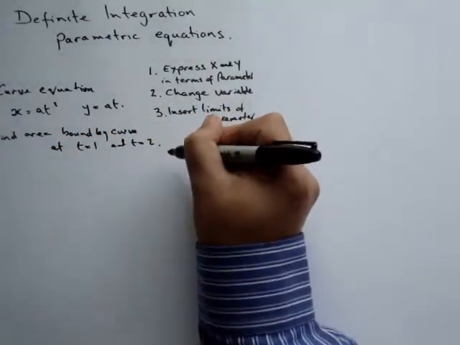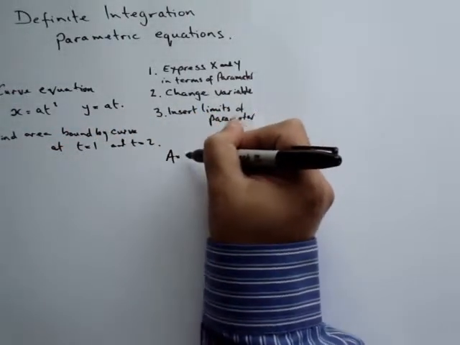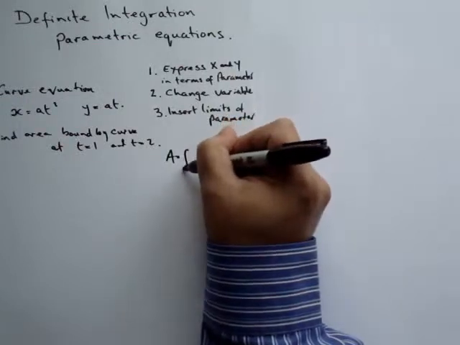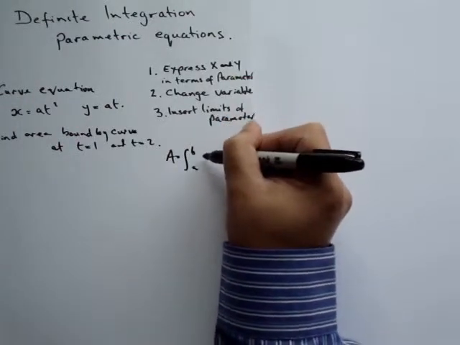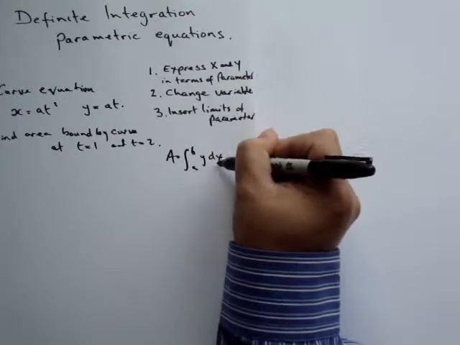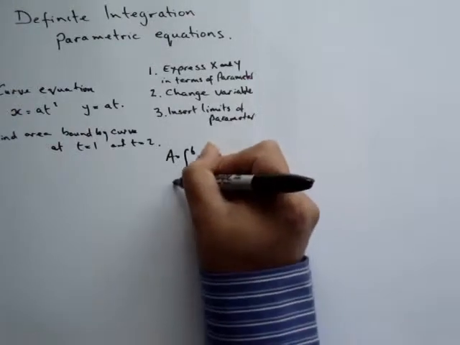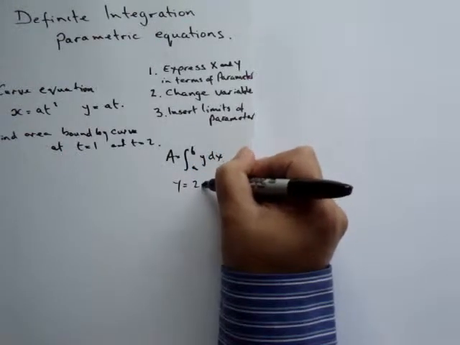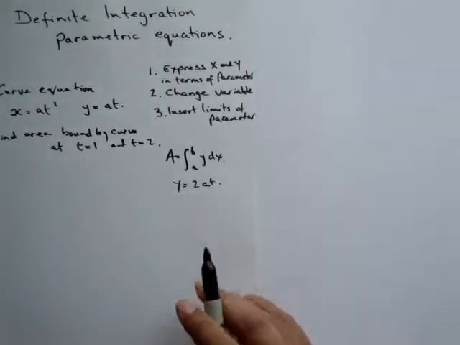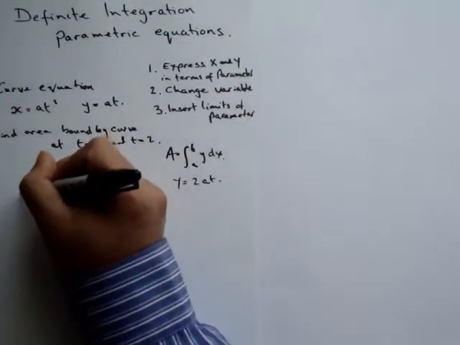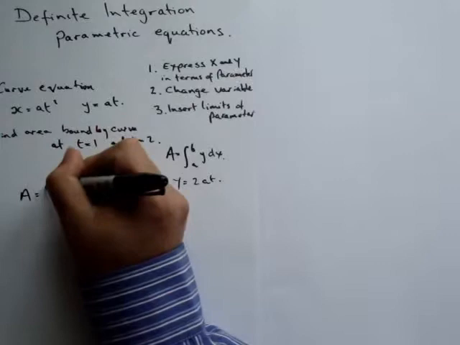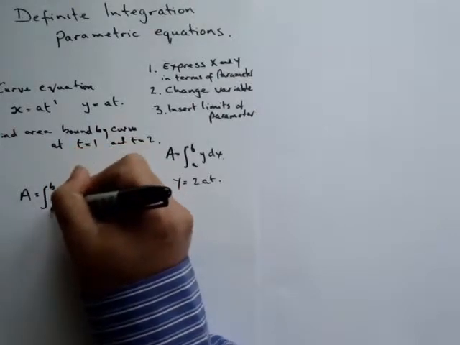So the area is the definite integral from a to b of y dx, and y equals 2at. So this then becomes area equals the definite integral from a to b.